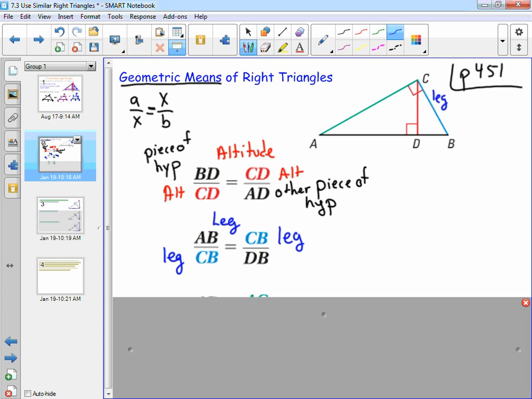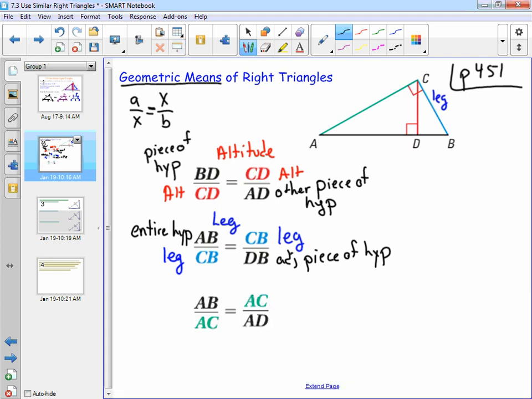The leg is the geometric mean of the entire hypotenuse AB and the piece that is adjacent to the leg here, DB, that is also part of this geometric mean. So the leg is the geometric mean of the entire hypotenuse and the adjacent piece of the hypotenuse.